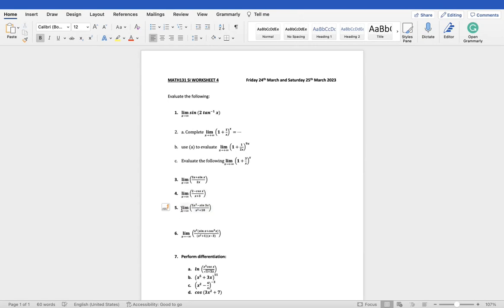Here we're given the limit as x tends to infinity of (5x squared minus sine 3x) over (x squared plus 10). The way you can solve this is the way we solved 3 and 4, for those who were there yesterday. Basically, what you have to use here is the squeezing theorem, which you did in your notes, right?